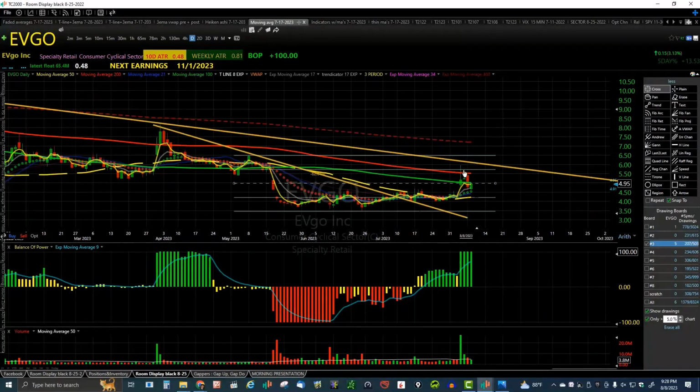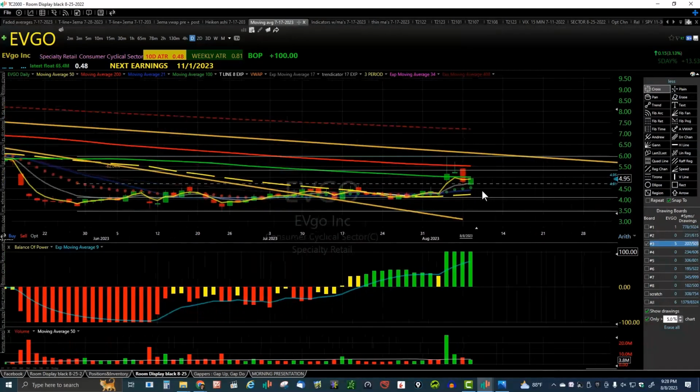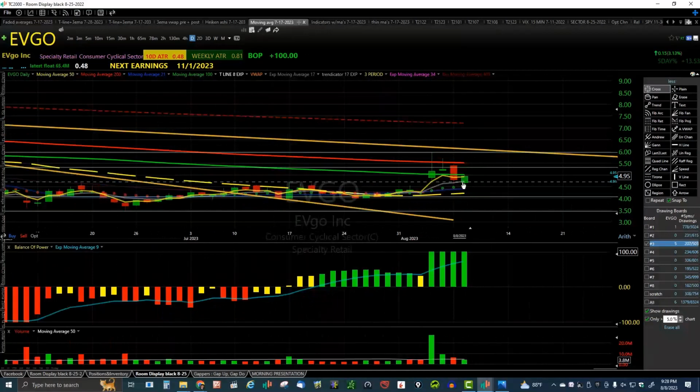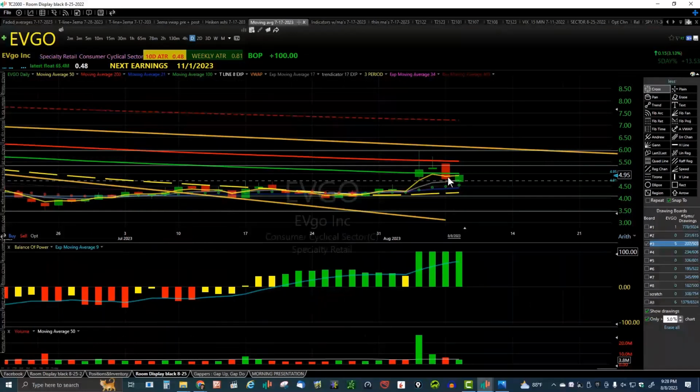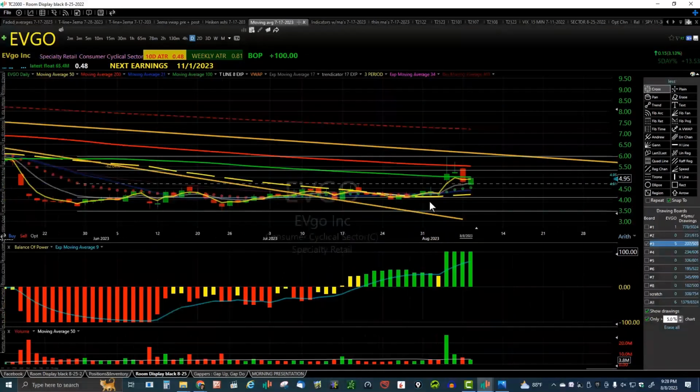But let's look at it another way. Here's the low, there's the high, and you're trading up over the midpoint here. Just be careful on this one. That's a big tail. It's about a $1 tail, I think. 80-cent tail right there. It might need more time.